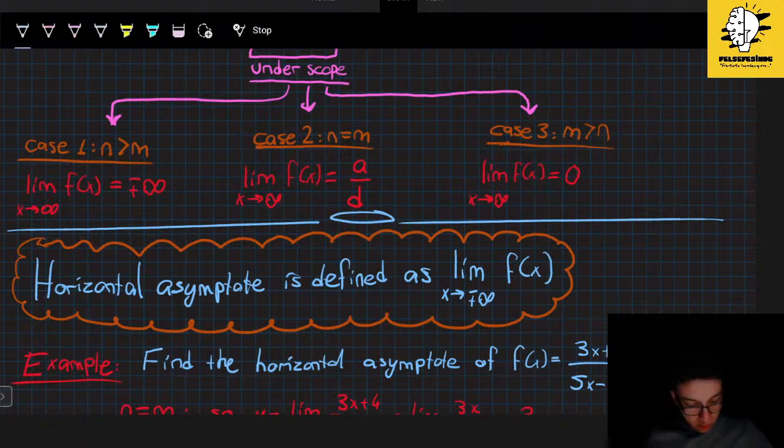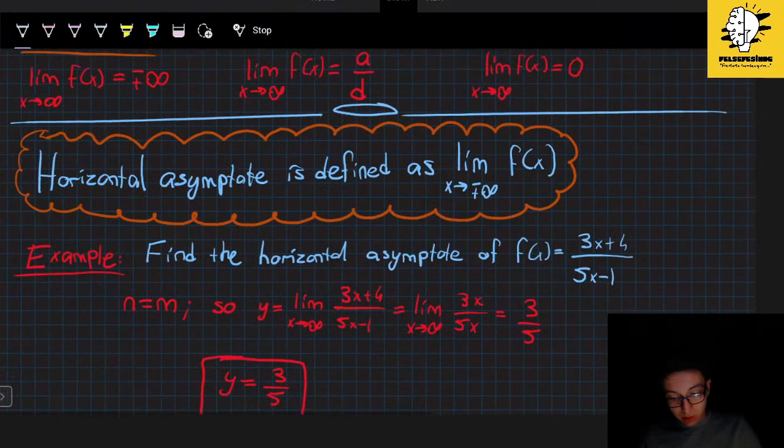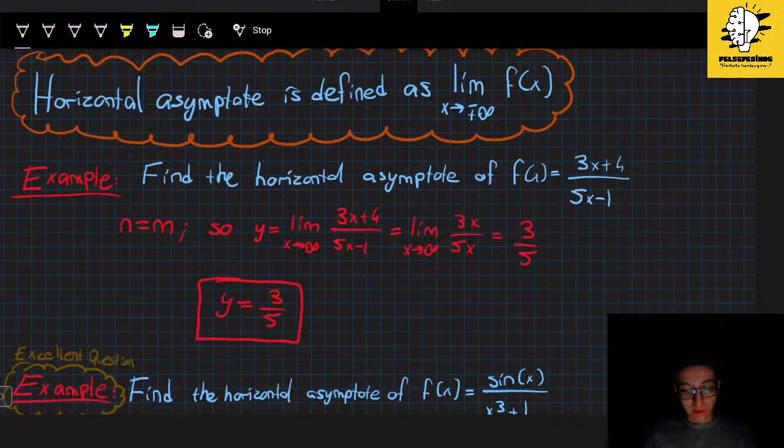So, an example. Find the horizontal asymptote of this function, (3x plus 4) over (5x minus 1). I can see that the term with the highest exponent in the numerator is 3x, and in the denominator it's 5x.